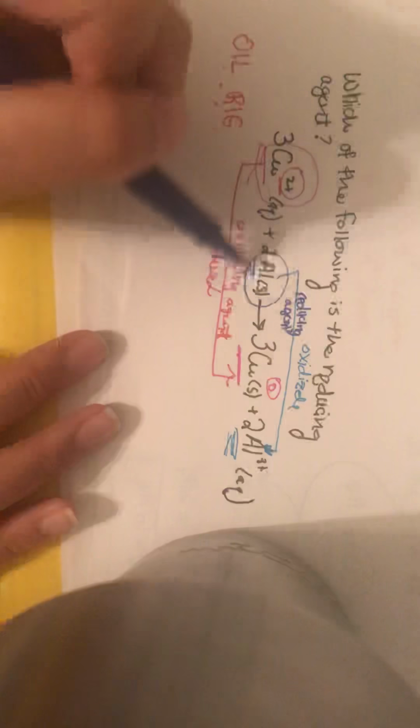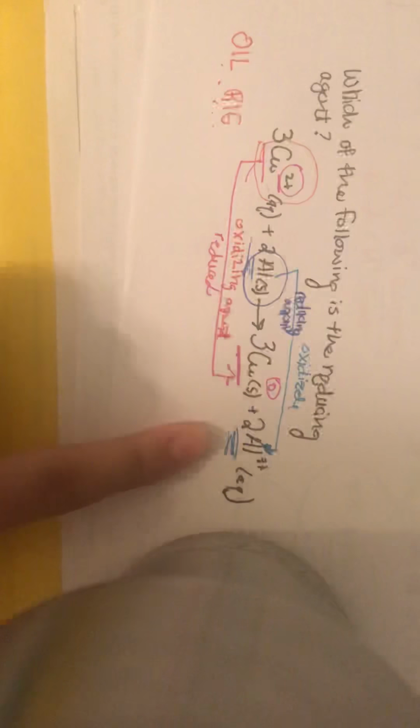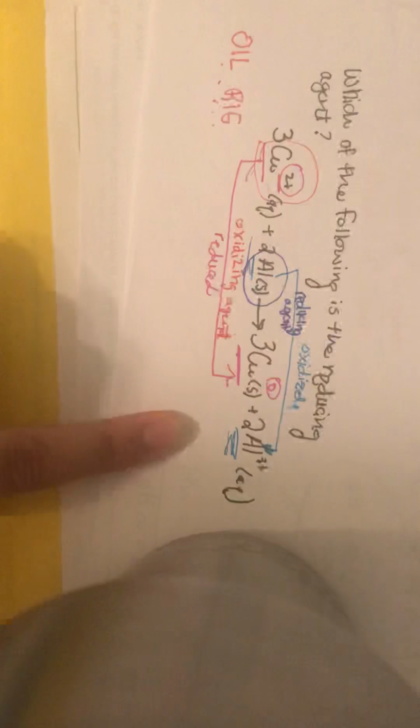And in this case, it's going to be just the plain old aluminum because that is the one that the changes are being made to. Both the Cu and the Al3 plus are the results of these processes. So the reducing agent is going to be aluminum.